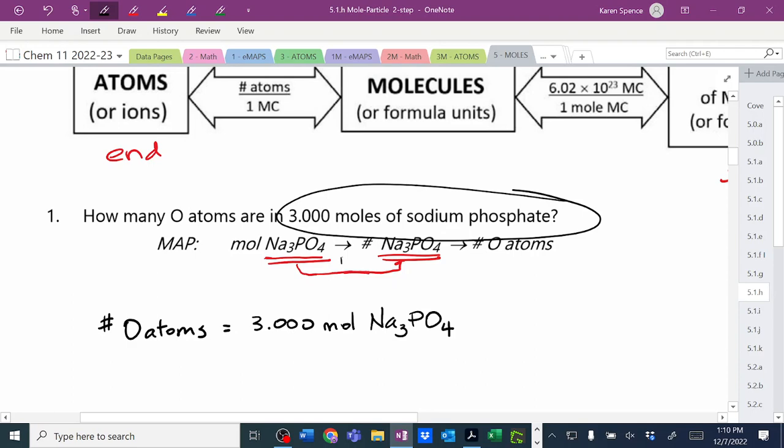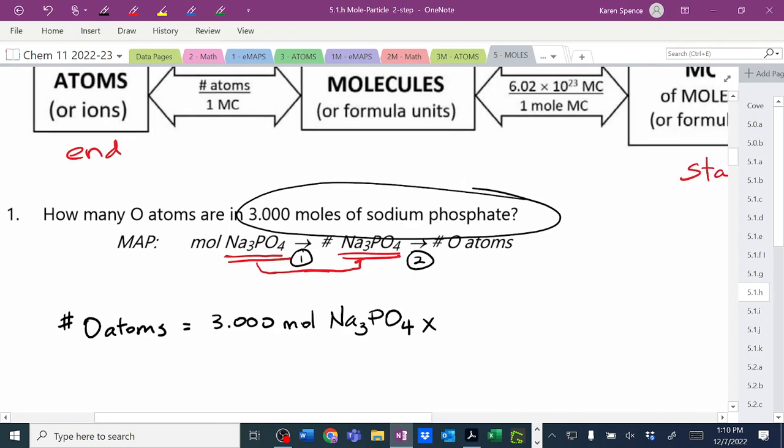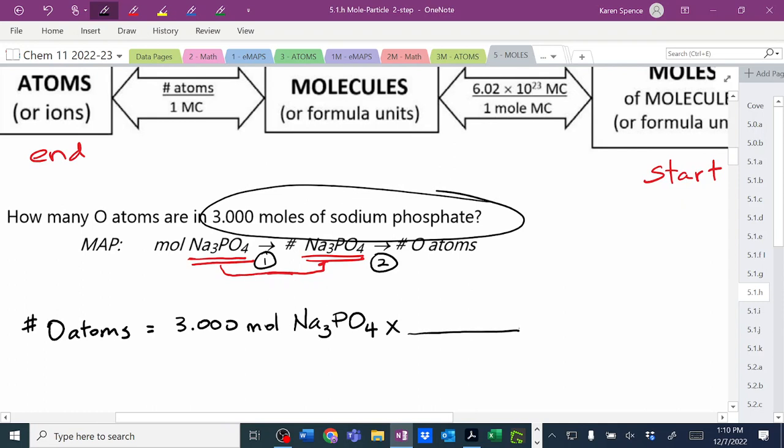We now have a 2-step conversion, 1 step, 2 steps. So we're going to have 2 conversion factors. So we can convert 3 moles of Na3PO4 into the number of Na3PO4.